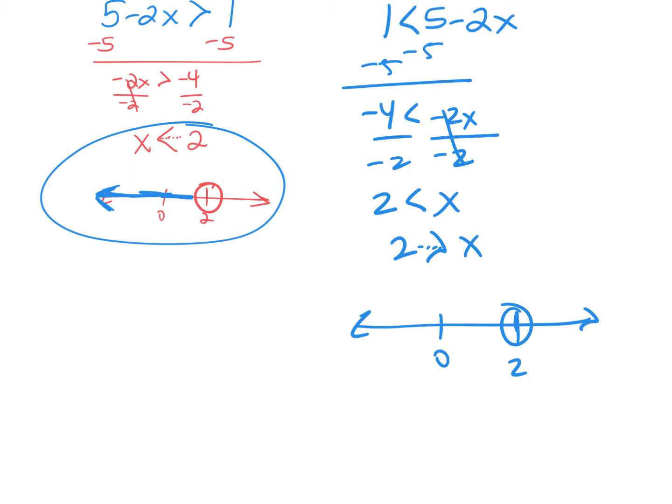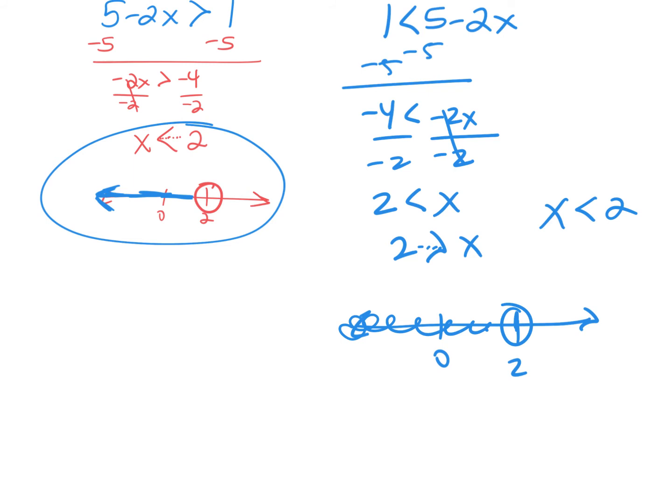So where is 2 bigger than all of the x values? All of these. Over here. You see what I'm saying? Like if you read it backwards, x is what then 2? Less than. Yeah. X is less than 2.